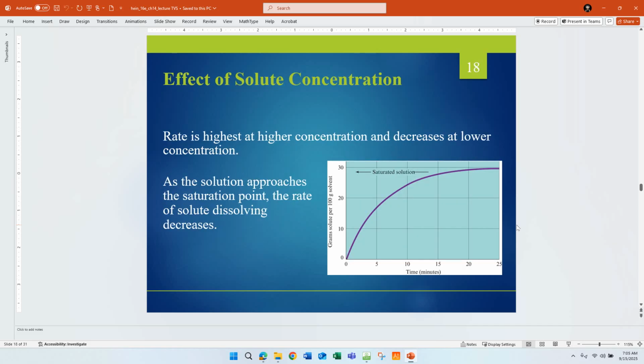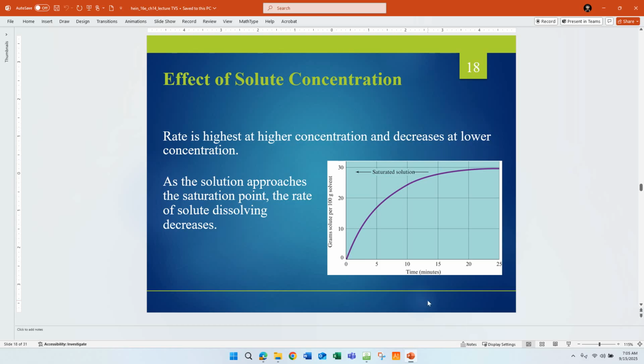And then the effect of solute concentration. Obviously, the rate is highest at the highest concentration, but it decreases at a lower concentration. So as the solution approaches the saturation point, which is the line, the rate of solute dissolving decreases, which makes sense.